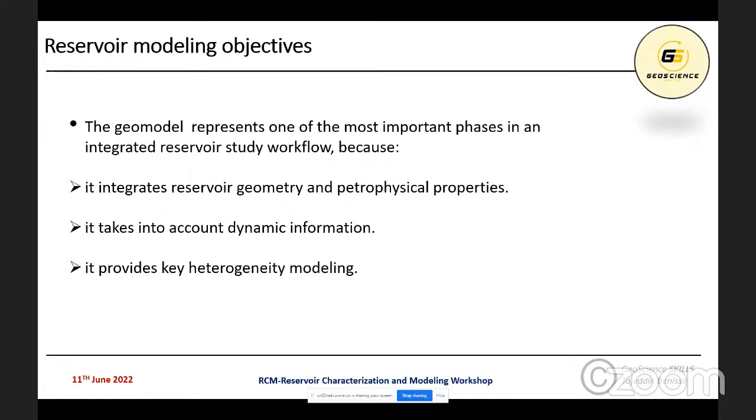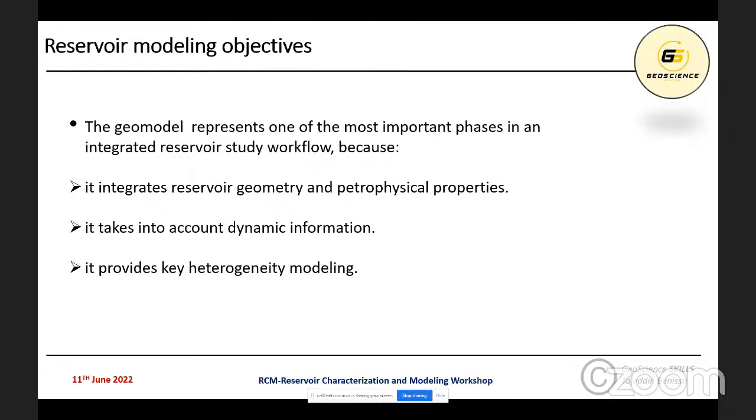Why? Because it integrates multiple data from different disciplines, which include reservoir geometry, reservoir characteristics, petrophysical properties, facies, everything. It also takes into account dynamic information. So as a geomodeler, when you are building a static model or geomodel, you take into consideration some dynamic information, such as the production data, which is represented by PLT.